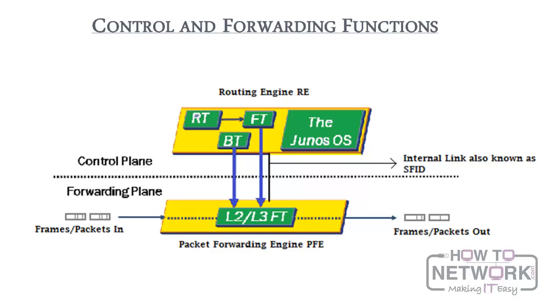It maintains the routing table, MAC table, primary forwarding table, and connected to PFE through an internal link known as SFID. Any control message or new route or MAC learned from the forwarding plane will be sent to the control plane to update the database and then update the forwarding table for quick lookup.